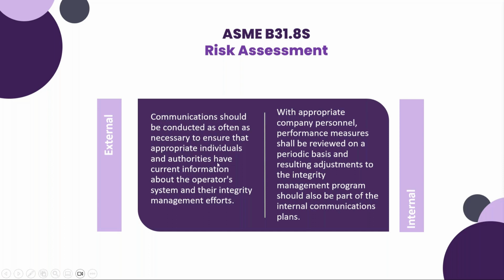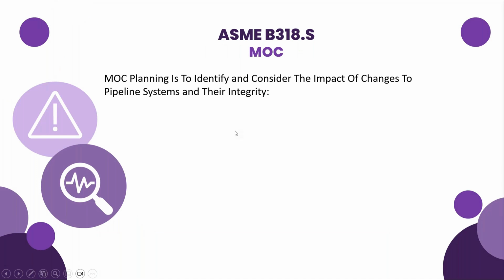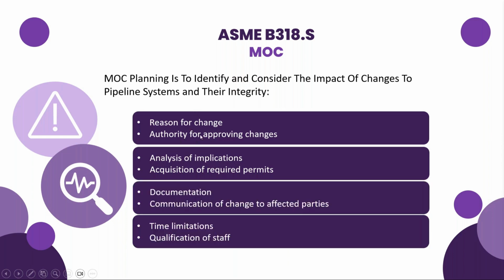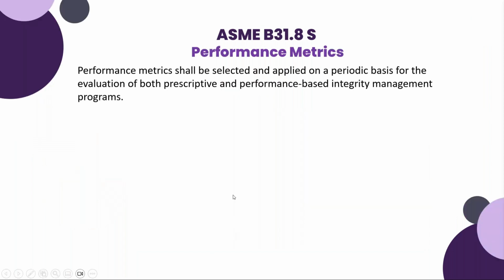Communication is necessary to ensure the appropriate individuals and authorities have the information about the operator's system and its integrity, and that the appropriate personnel are involved, internally. Then we need to look at management of change, MOC: reasons for the change, the authority, the analysis of the implications, the acquisition of permits, and documentation, TVC, traceable, verifiable, complete, and communications of change to affected parties, time limitations, and again SMEs, and qualification of staff.